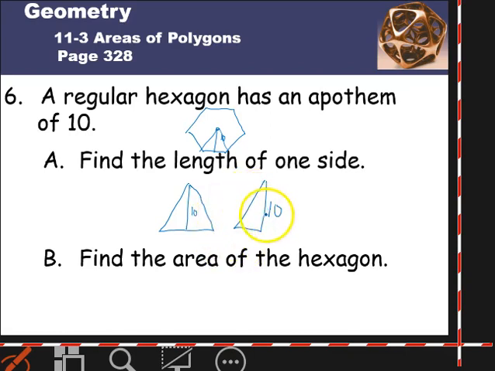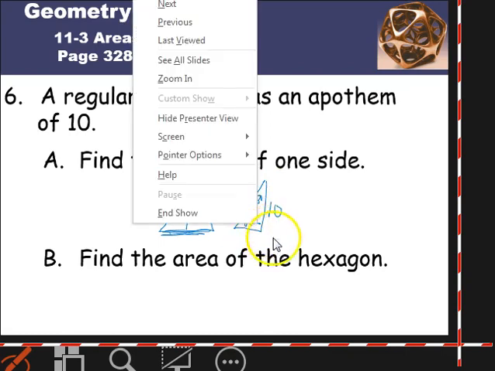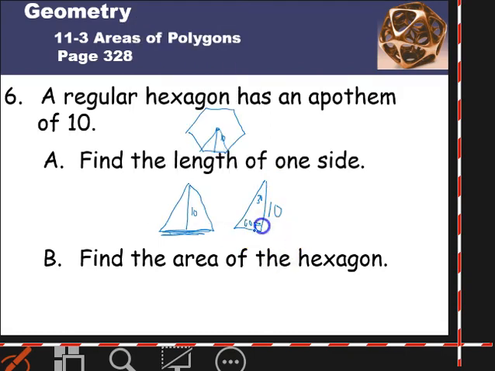So we have to find the length of one of the sides. So we're really looking for this side right here. But again, I know this is a 30, 60, 90, because once again it's a hexagon.